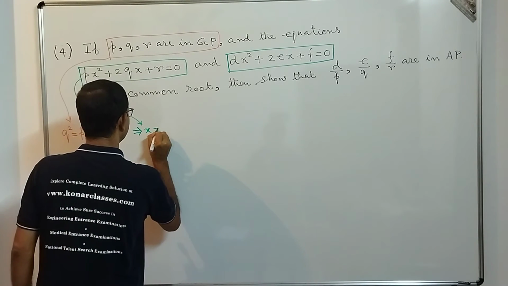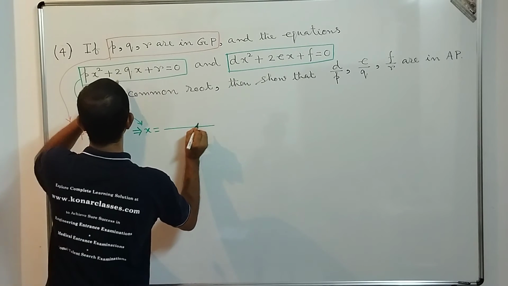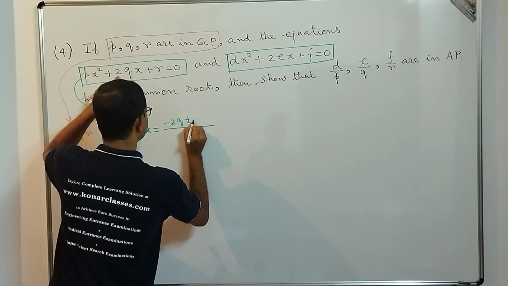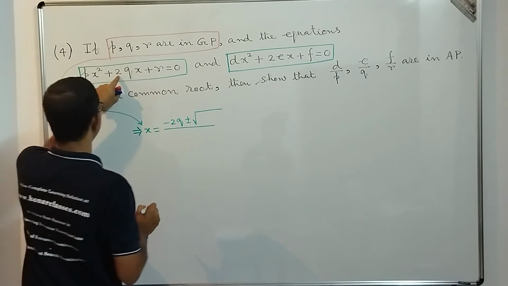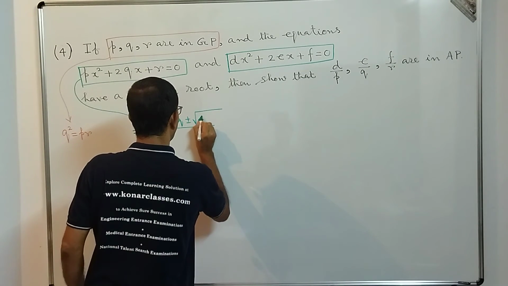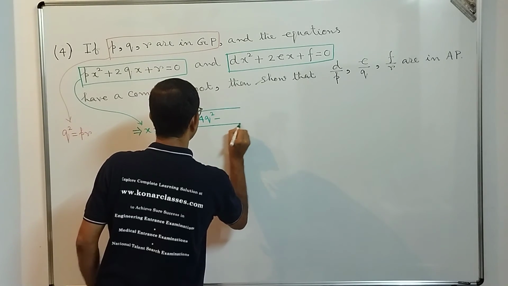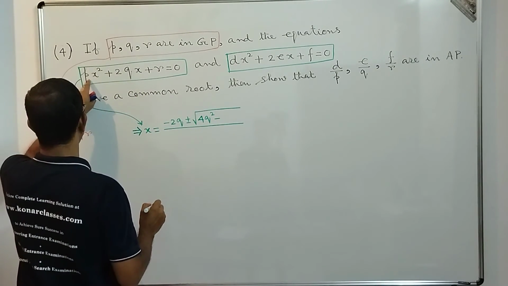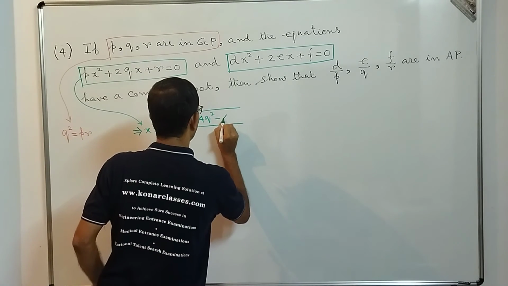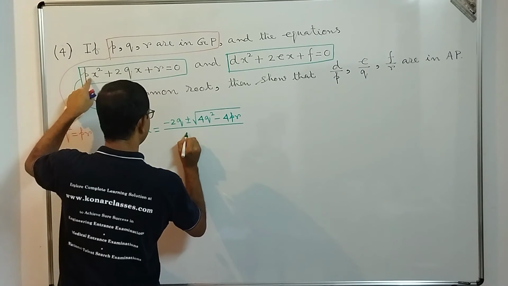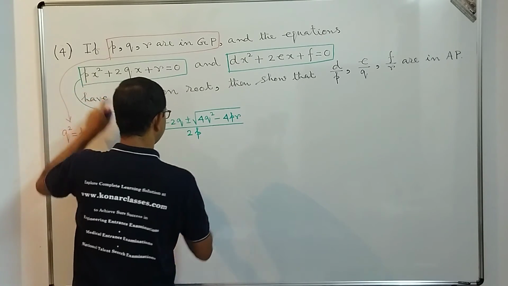X equal to minus b, that means minus 2q, plus minus square root of b square, that means 2q's whole square, that is 4q square, minus 4ac, 4 into p into r, divided by 2a, that means 2 into p.